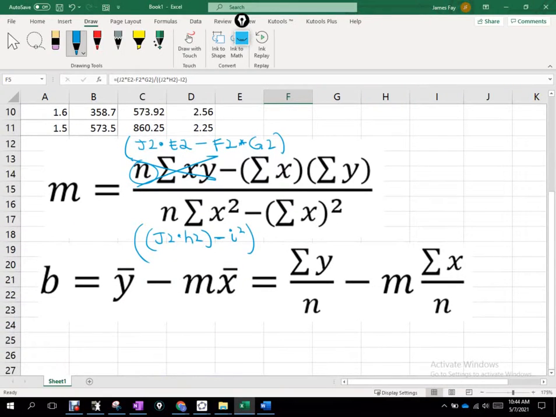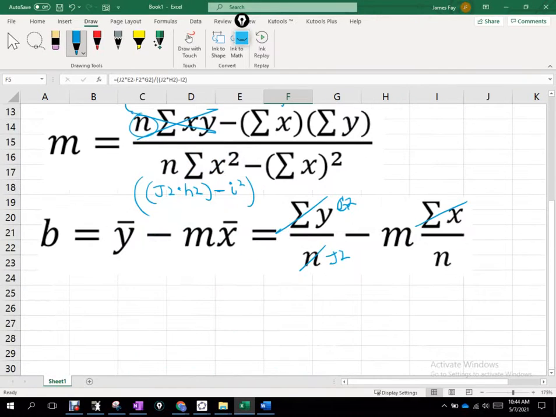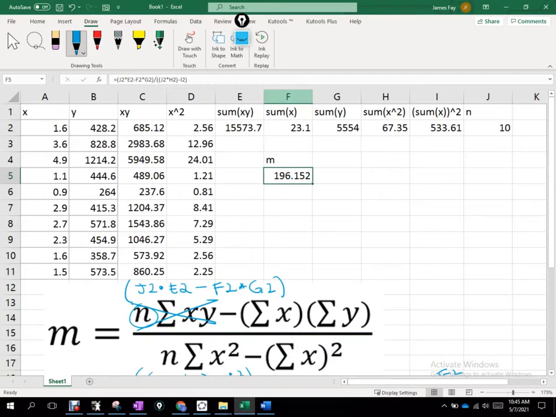So I'm going to rewrite this: that's going to be G2, divided by J2, since n was J2. The sum of x was F2, again divided by J2. M we have in F5.